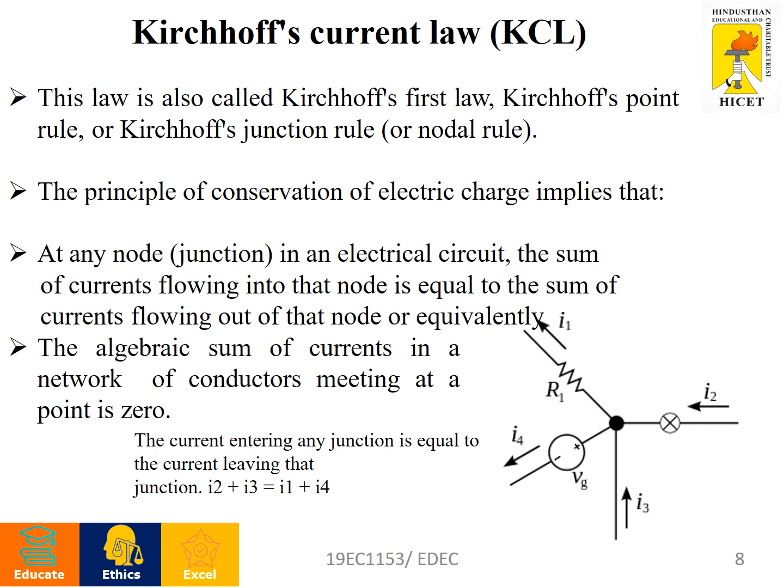Or equivalently, the algebraic sum of current in a network of conductors meeting at a point is 0. Simply we can write I plus equal to I minus.